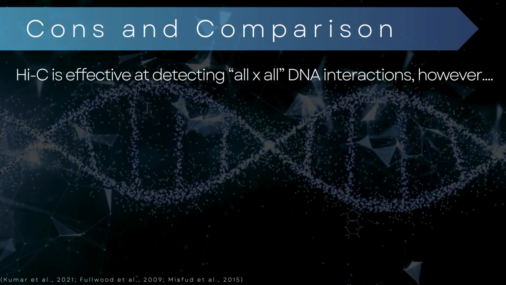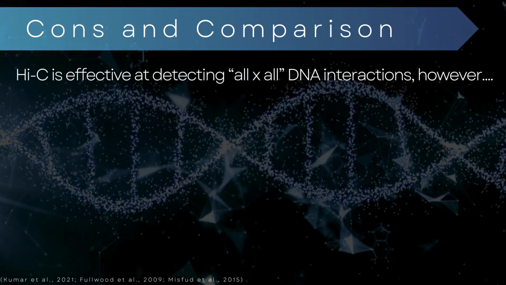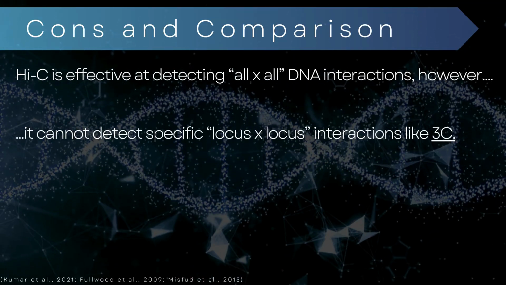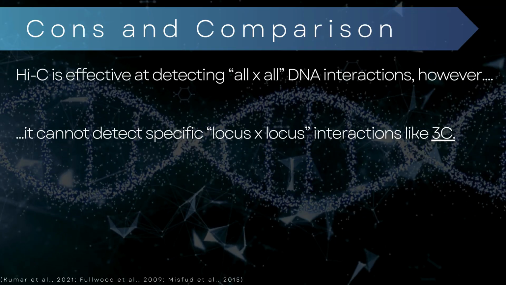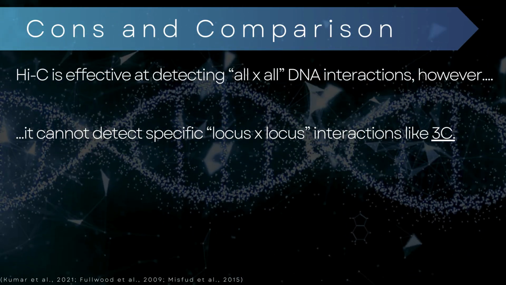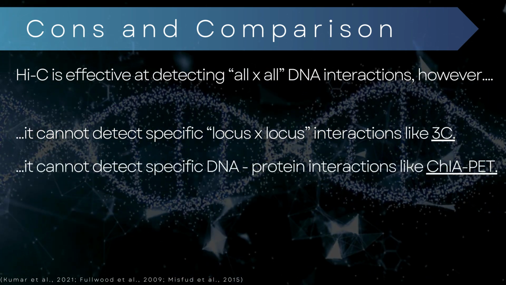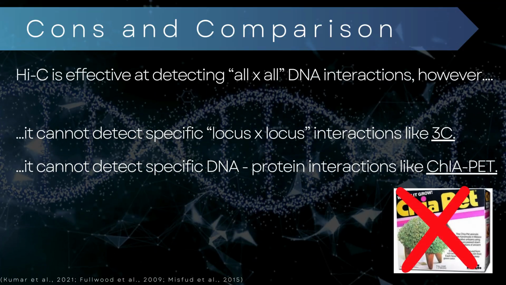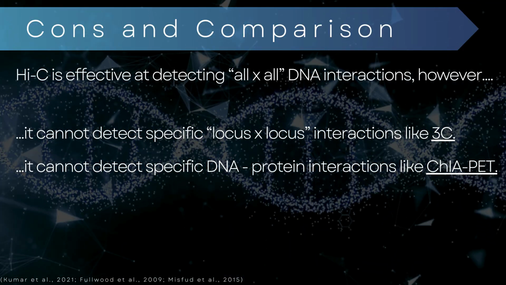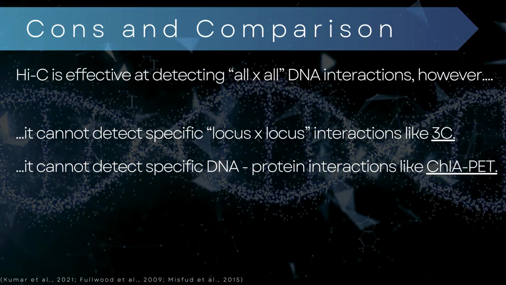Hi-C is advantageous in detecting all-to-all DNA interactions. However, it may not be effective in the precise study of individual locus-to-locus interactions like 3C or other molecular interactions. ChIA-PET, for example, analyzes specific protein-to-DNA interactions that may be desired by researchers.